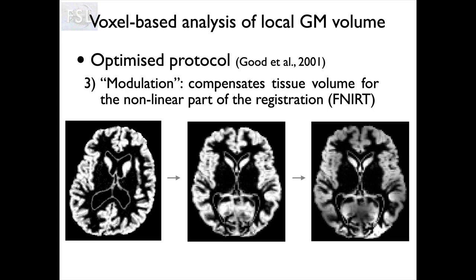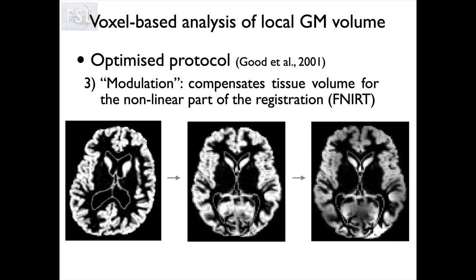Once we've created our template, we're going to take our nonlinear registration, which is what you see between the left-hand image and the right-hand image. It's taking that image and matching it to the template that we've just created, the average of the group that went into building the template. And then we're going to do a step called modulation, or Jacobian modulation.